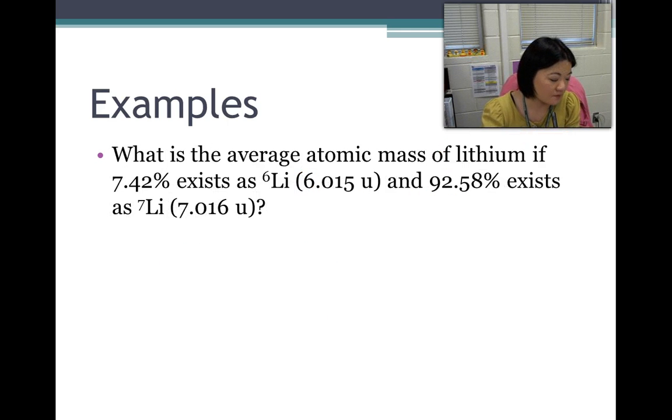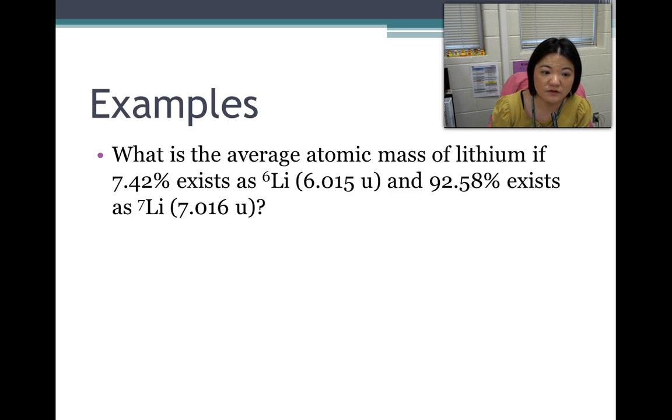Let's look at the second example. What is the average atomic mass of lithium if 7.42% exists as lithium-6 with a 6.015 U mass, and 92.58% exists as lithium-7 with a mass of 7.016 U. So this one is more specific with the masses, okay?